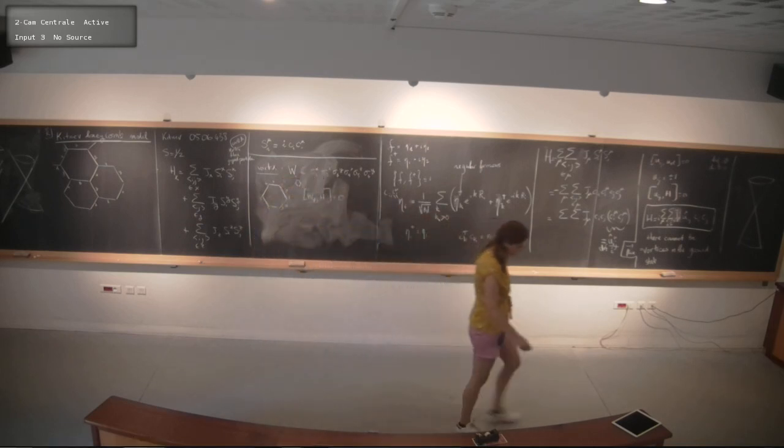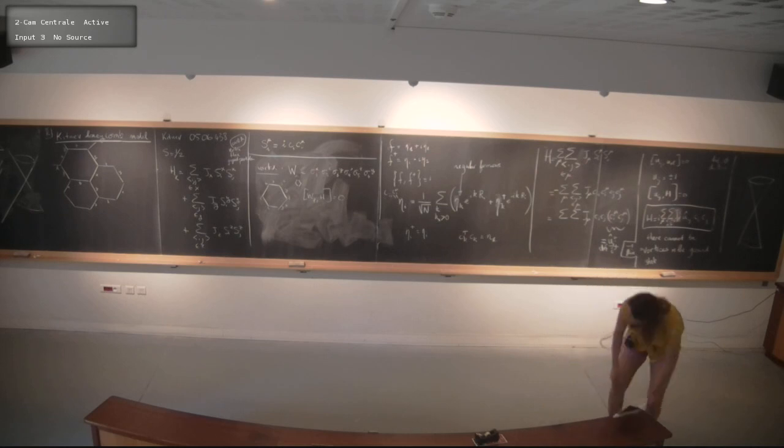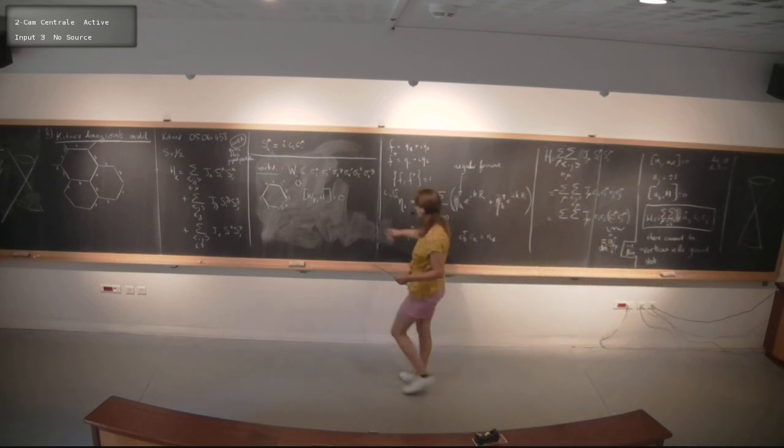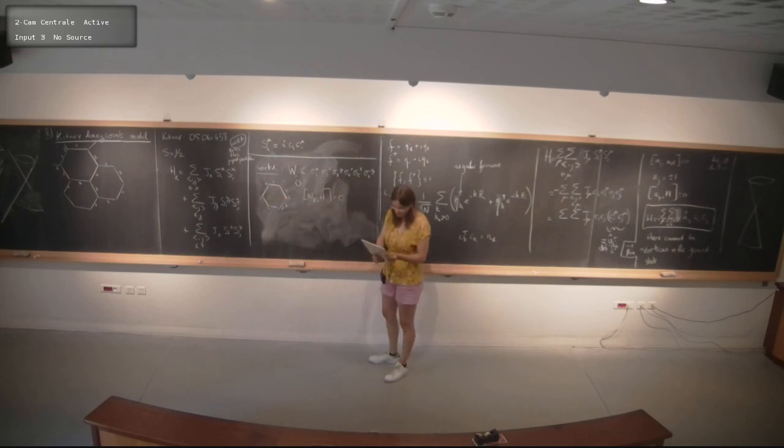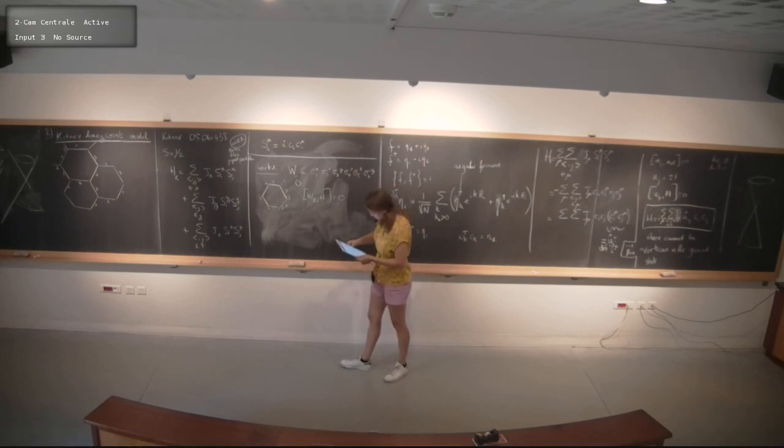But this is very specific to this model, and this condition is not going to be true once we start adding more terms to this Hamiltonian. So this is a bit of a sick point in some sense.